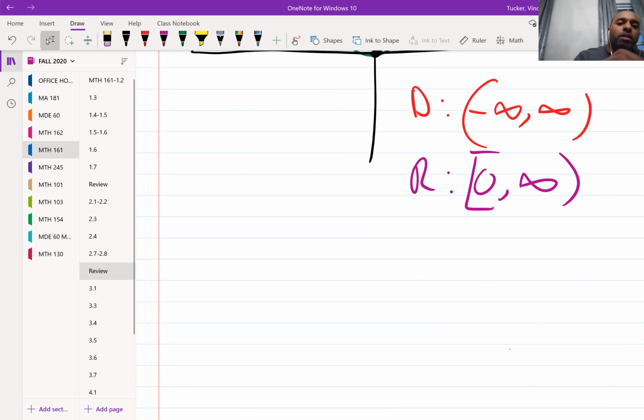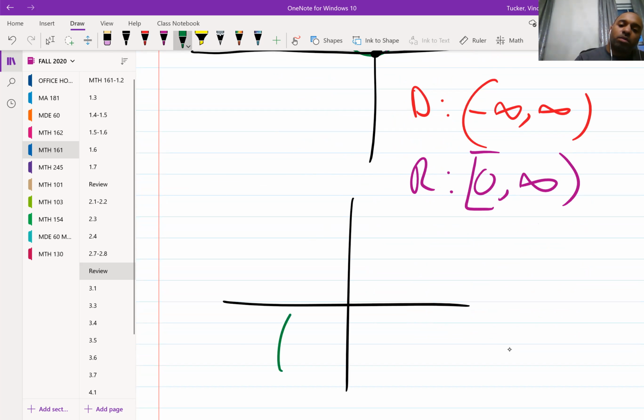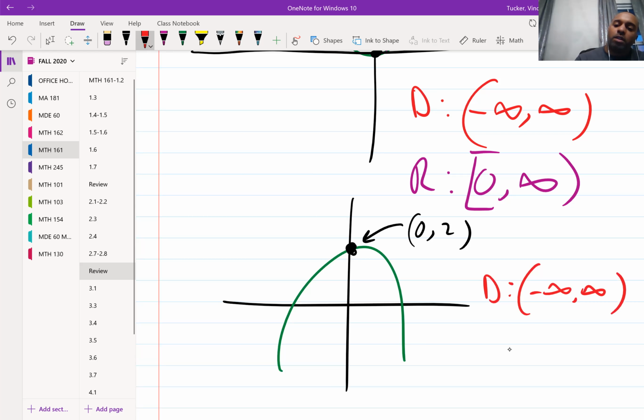If I had one like this, I'm going to make this my vertex. Let's say it's 0, 2. My domain for the parabola is still going to be negative infinity to infinity. My range, though, this time is going to come from, you always do your smallest value first, negative infinity up to 2.